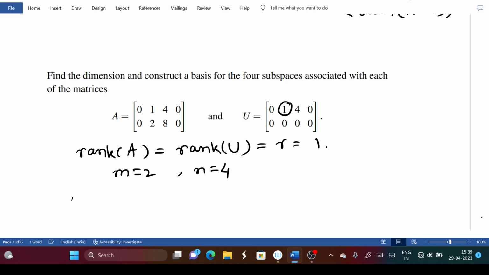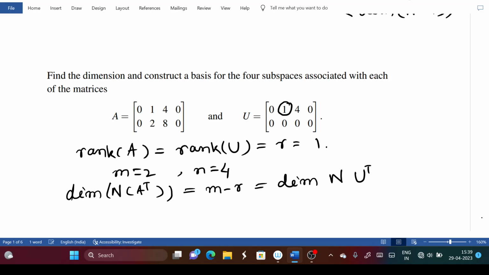So the formula is: the dimension of the null space of A transpose is equal to M minus R, which is equal to the dimension of the null space of U transpose.